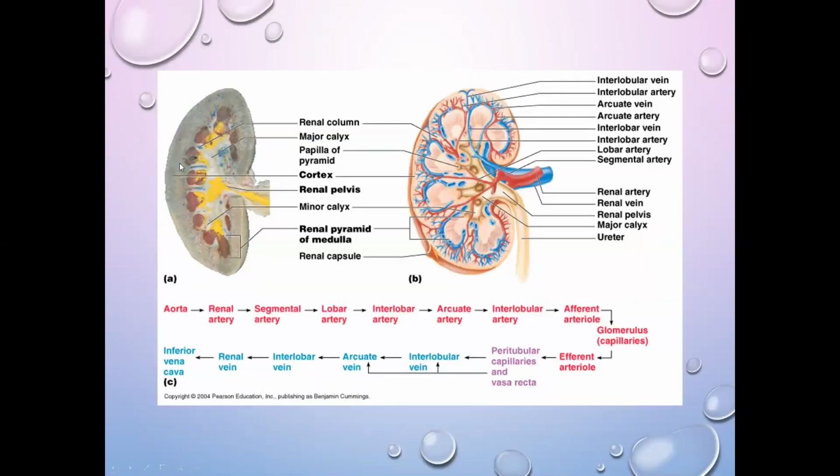So remember that we have the cortex on the outside, the medulla on the inside, and the renal columns, where the blood vessels that come in and out from the hilum cut through the medulla. You can actually see in this real picture of a kidney that there are blood vessels in these renal columns. That sections off the medulla into triangles that we call the renal pyramids.